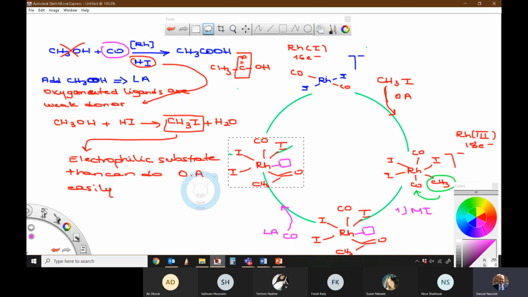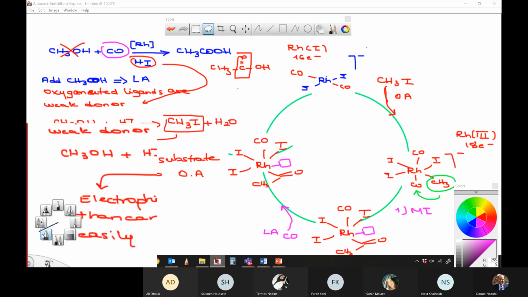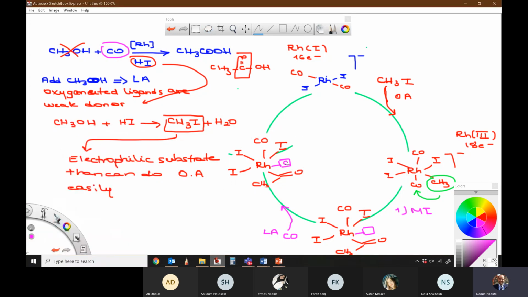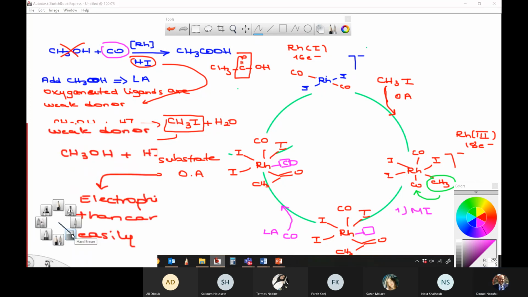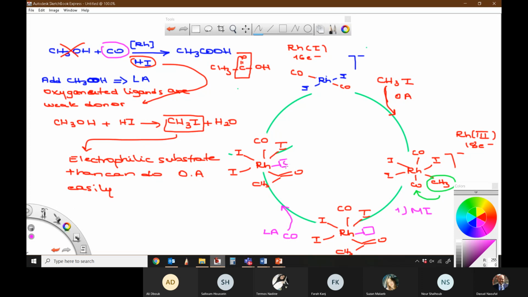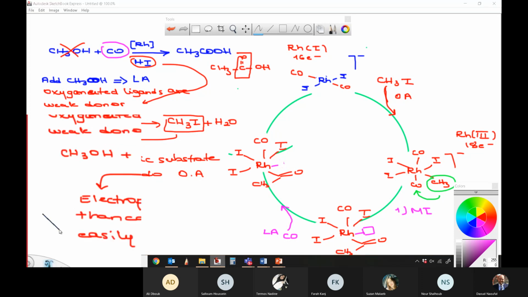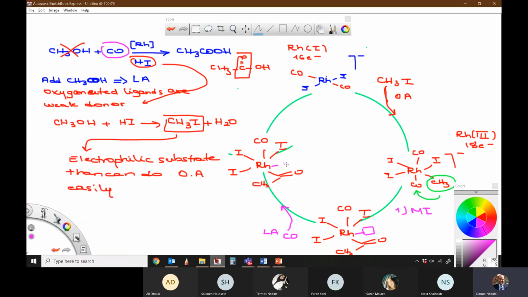So this is the CO that should be added, and we have CO in the vacant site. So this is the CO, and we have appearance of the COCH3. Okay, so migratory insertion, then ligand addition CO.